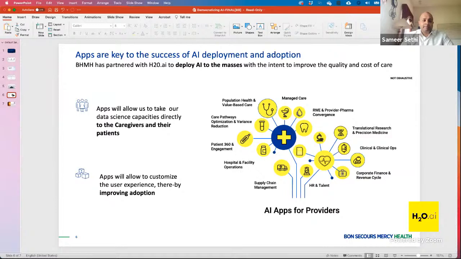So we at BSMH have partnered with H2O to develop our AI muscle, which includes developing the apps, developing the models, and finally handing it to the people that matter the most, which is our patients and our caregivers.